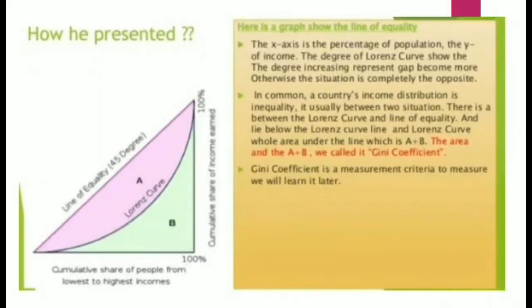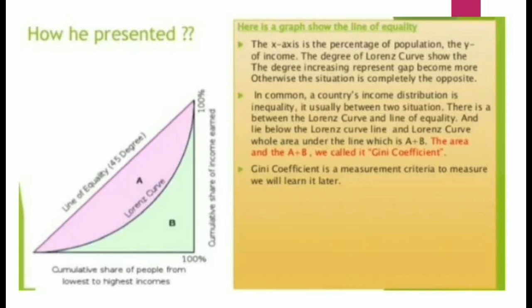So this is the continuation of the Lorenz curve. As he presented, here is a graph that shows the line of equality. As you can see in the graph, the x-axis is the percentage of the population, and the y-axis is income. The degree of the Lorenz curve shows that as the degree increases, the gap becomes larger; otherwise, the situation is completely the opposite.